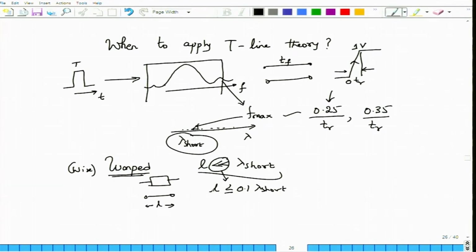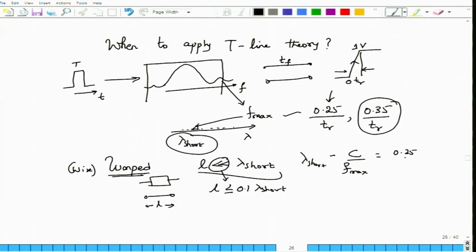So, whenever my length is much smaller than 0.1 lambda short, I consider this to be a lumped regime. I know what lambda short is, and I know what the maximum frequency is. Assuming for now that I am working in air, where the phase velocity is c, the corresponding lambda short is c divided by the maximum frequency, which in this case is 0.25 by Tr.